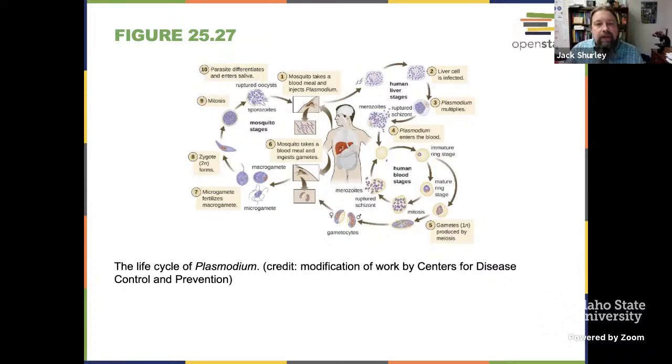You get a zygote that goes through mitosis, generating these sporozoites. The zygote penetrates through the gut of the mosquito and migrates up into the salivary glands. And that's where these sporozoites are ready to go, and the cycle continues. All right. So it's this blood stage where we see the ill effects.